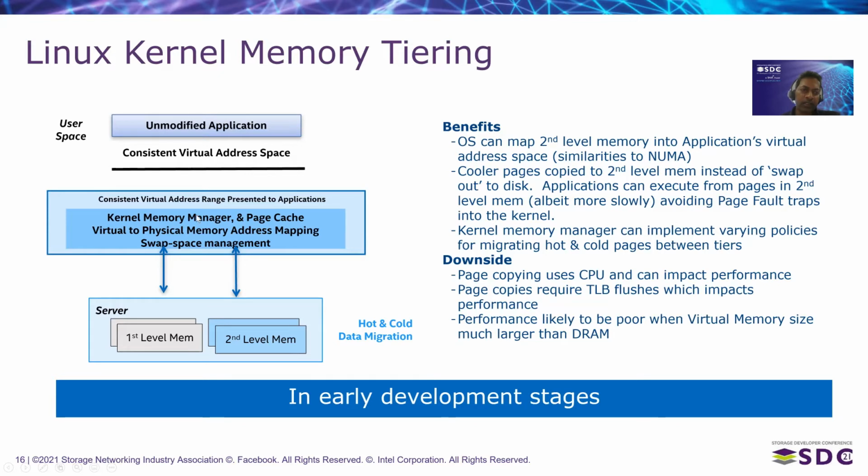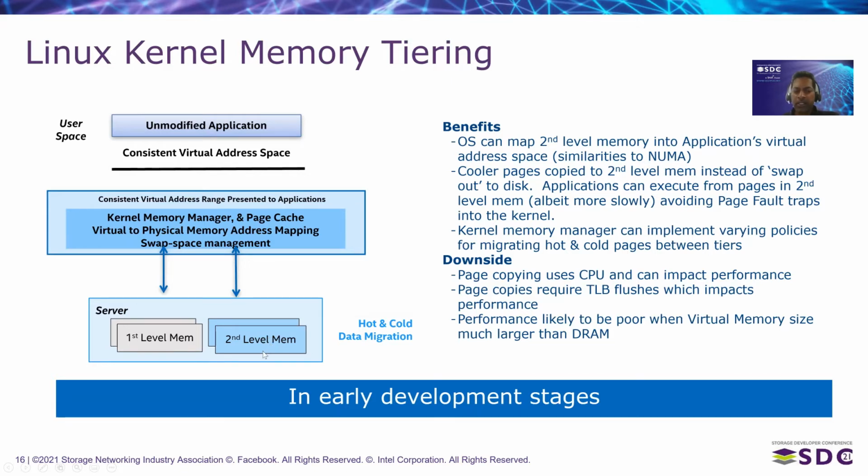There is a downside. While the upside is that there is a uniform virtual address space that gets presented to the application, and the application does not need any changes, the downside is that the actual migration of hot and cold data between the tiers does have impact on the performance because it takes compute cycles.